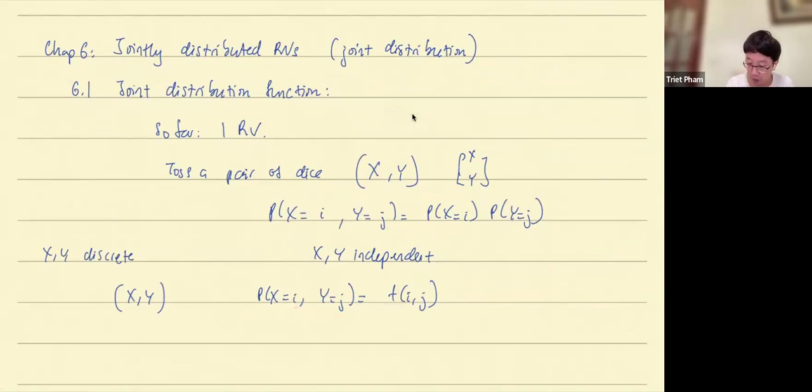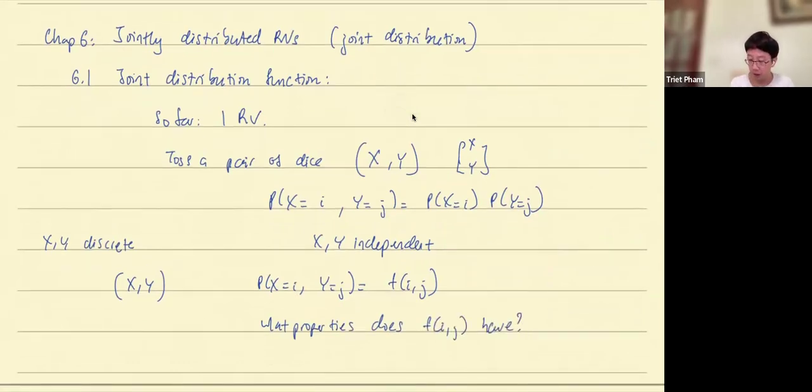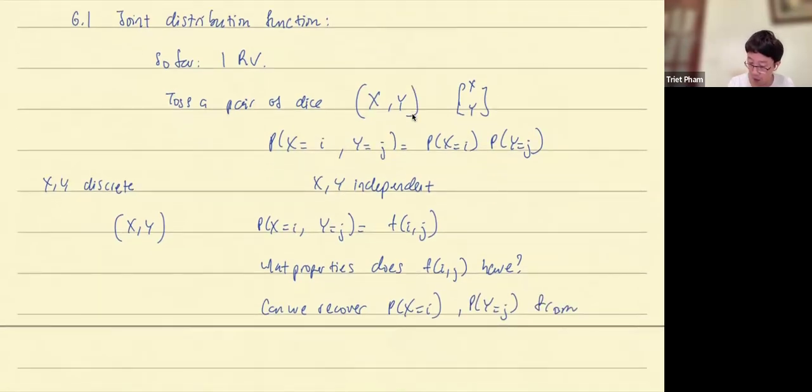So several questions, for example. What properties does F_ij have? Can we recover the marginal distributions from the joint? So this is called the marginals.